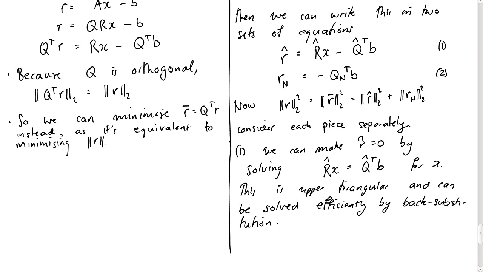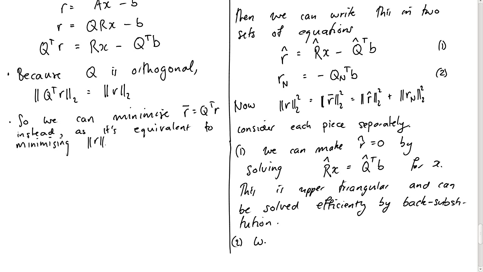So that's great. We just form the vector Q hat transpose b, and then solve R hat x equals Q hat transpose b by back substitution. So we can minimize this piece quite easily. Equation 1 is very easy to minimize because we can make it 0.